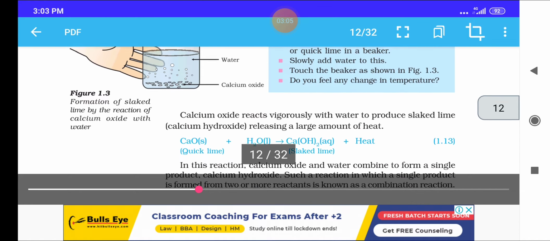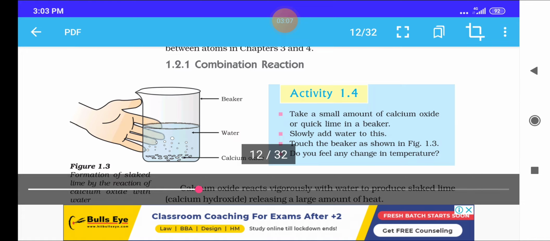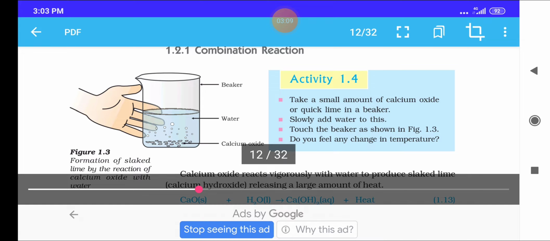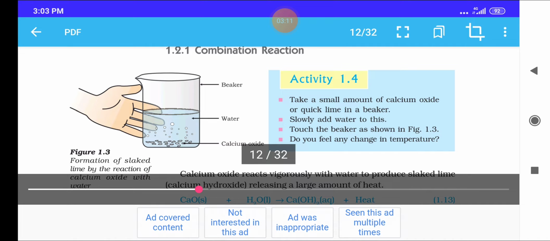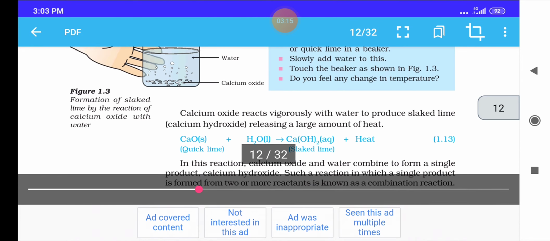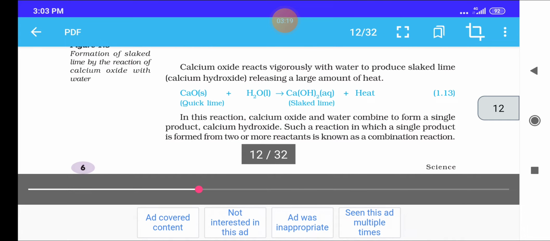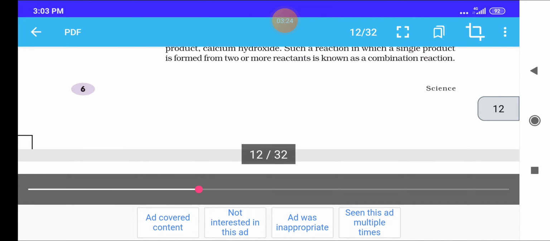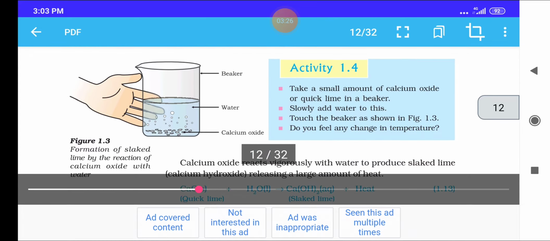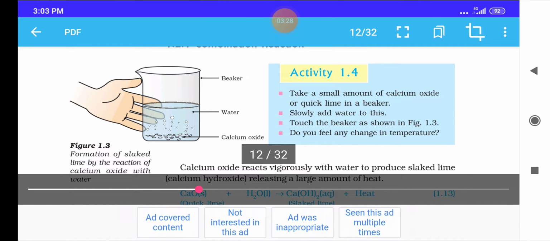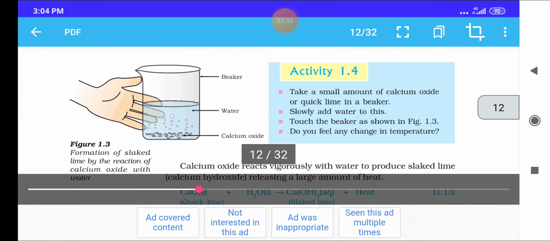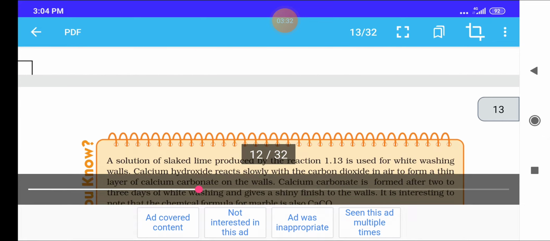And another is some more examples of the reactions is the combination reaction. Combination reaction is we have taken in a beaker calcium oxide, that is known as quicklime reaction with water to form a salt lime calcium hydroxide, and the beaker feels to be hot. This shows that the reaction is exothermic in nature.